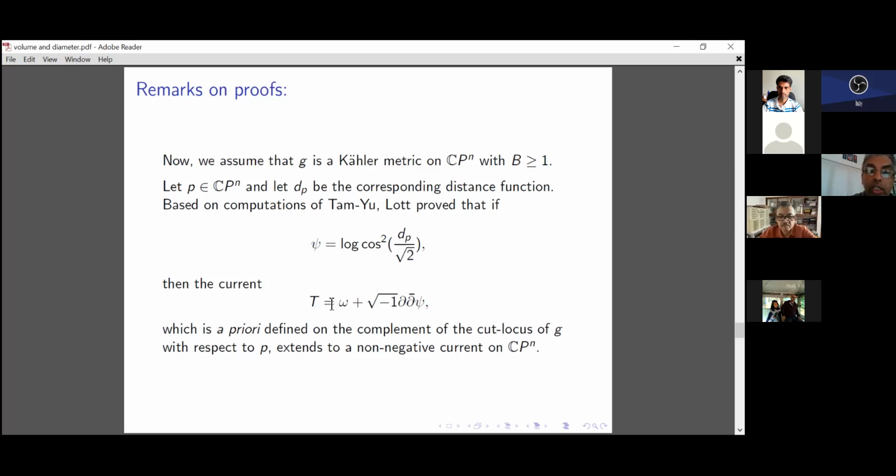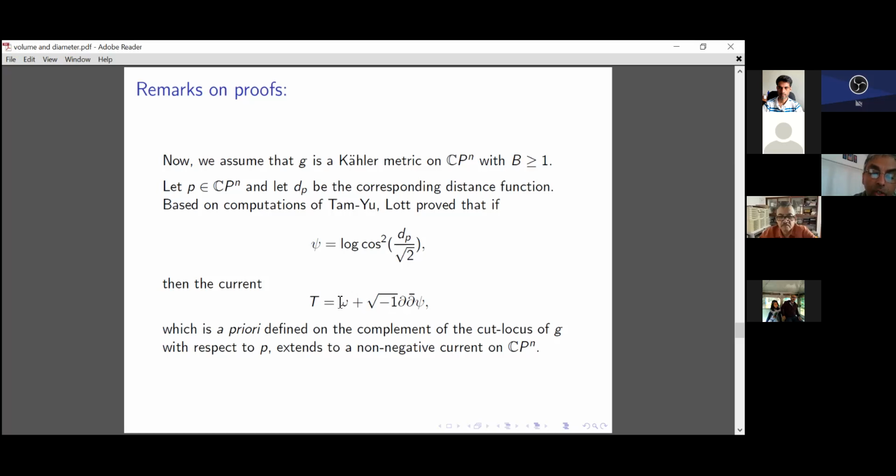Lott proved that this is a current, because this distance function, rather this c, is not smooth everywhere on the manifold. Wherever the distance function becomes non-smooth, namely at the cut locus with respect to p, it's not differentiable, but one can look at dd bar of c as a current.